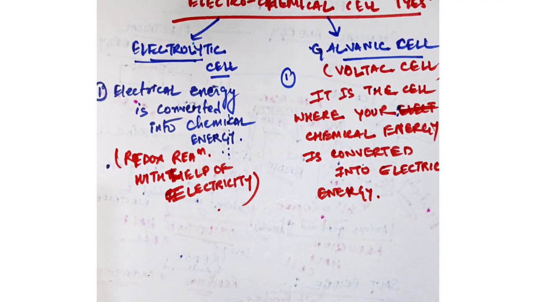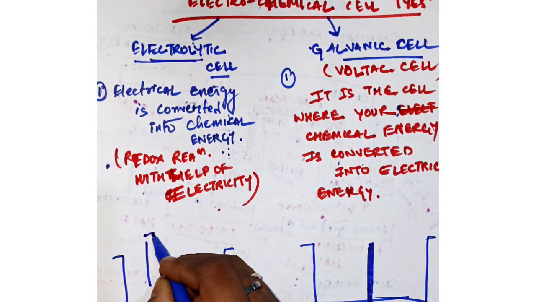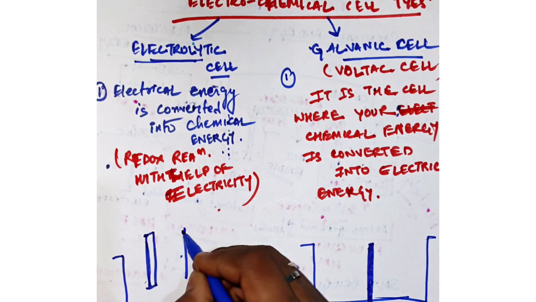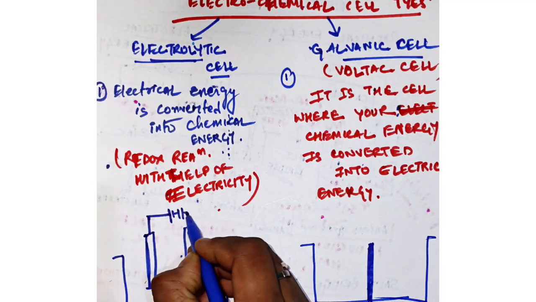First, let me draw the circuit so that you can understand it better. I will be able to explain this in detail. That is your electrolytic cell or your galvanic cell. So here also you have a beaker, you have two electrodes. There is a potential difference.